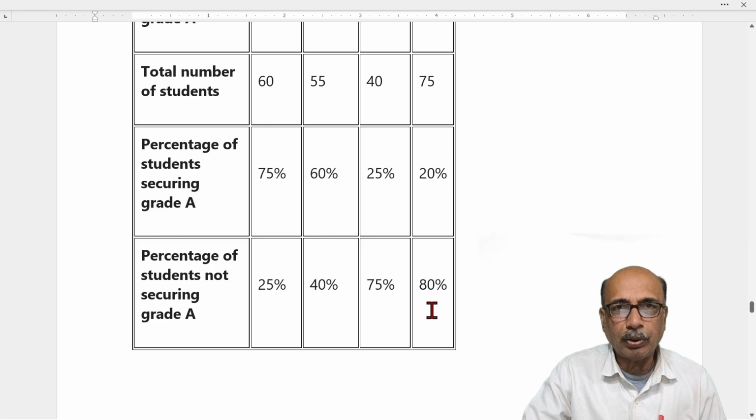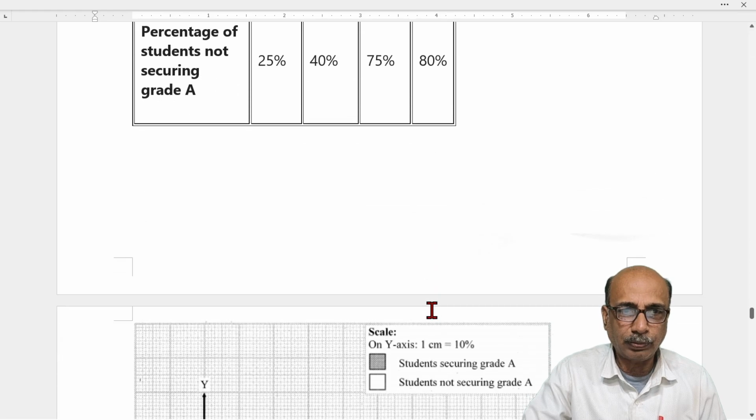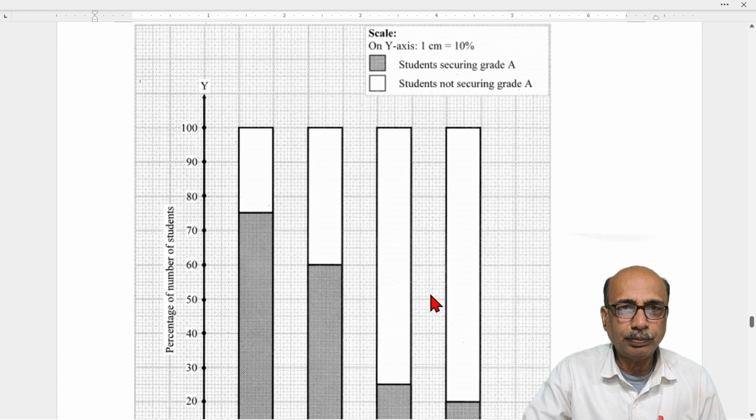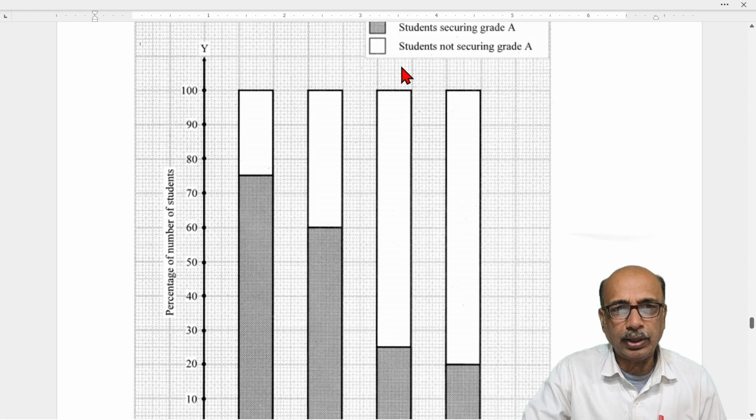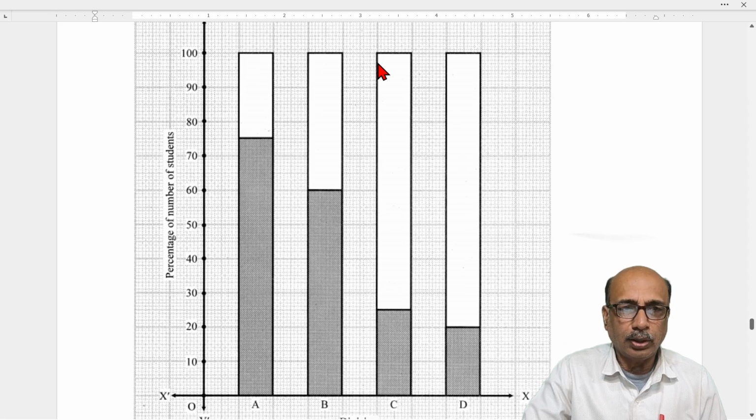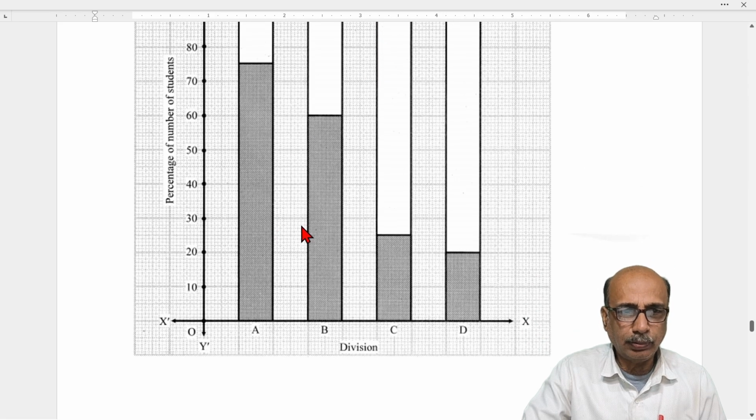Because we have to draw the graph, a subdivided bar graph. So please see here. On y-axis, 1 centimeter equals 10%. As percentage is given, students scoring A grade are shown by dark and students not scoring A grade are shown by white, light only. So on x-axis, we will take division.